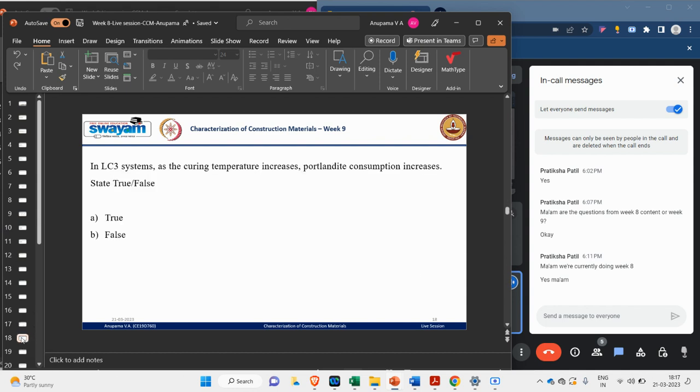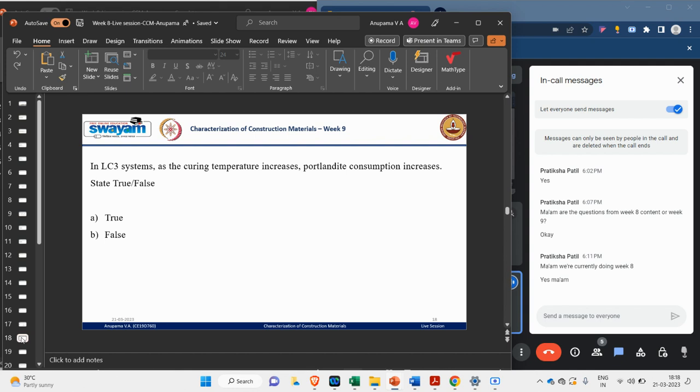In LC3 systems, as the curing temperature increases, Portlandite consumption also increases. So, this is common for any system. Temperature increases, reactivity increases, so let it be LC3 system or OPC system.